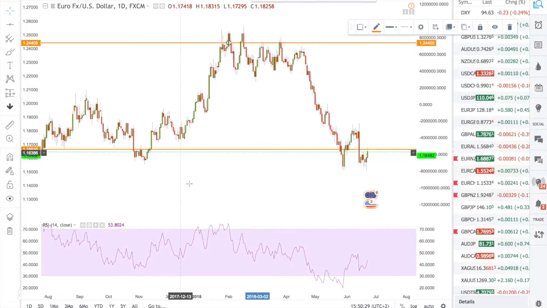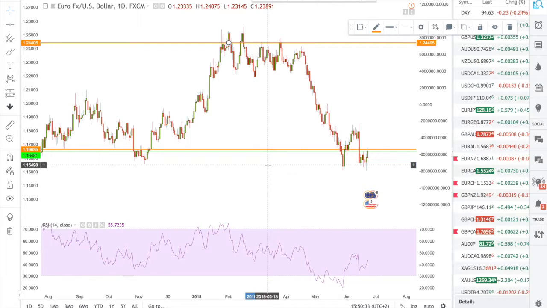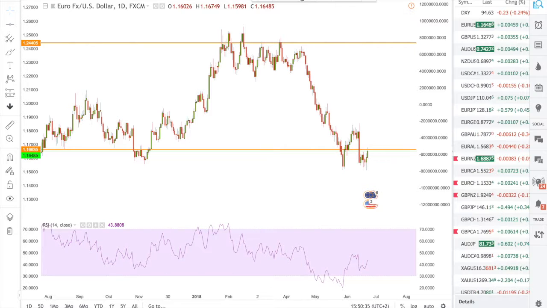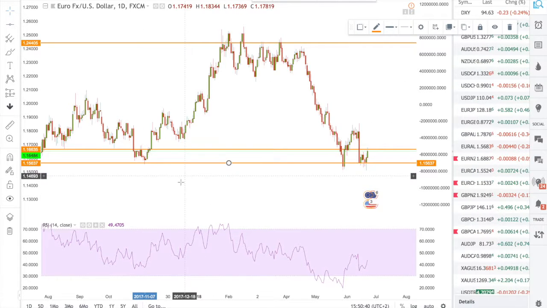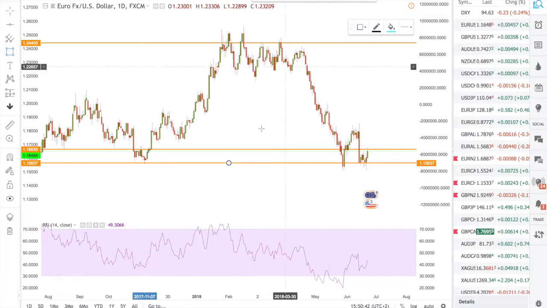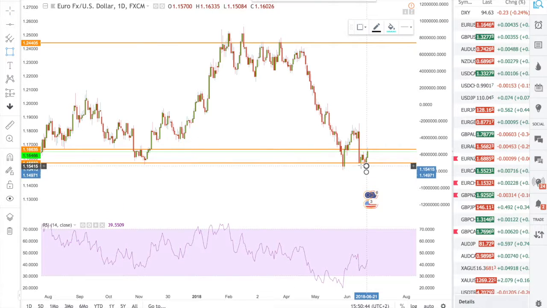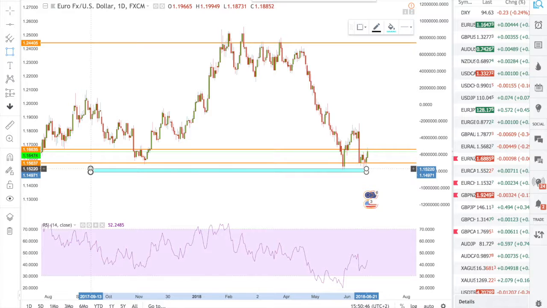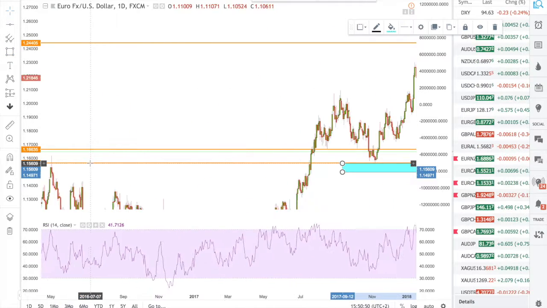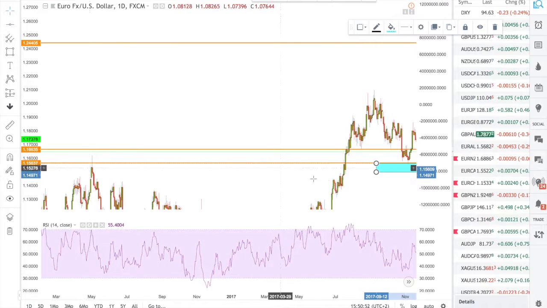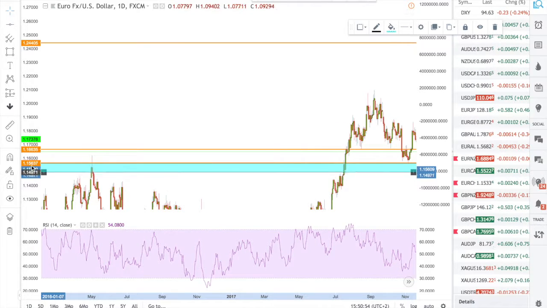Also here, it's really good. So instead of just having resistance and support lines, you can also have zones, like this one.